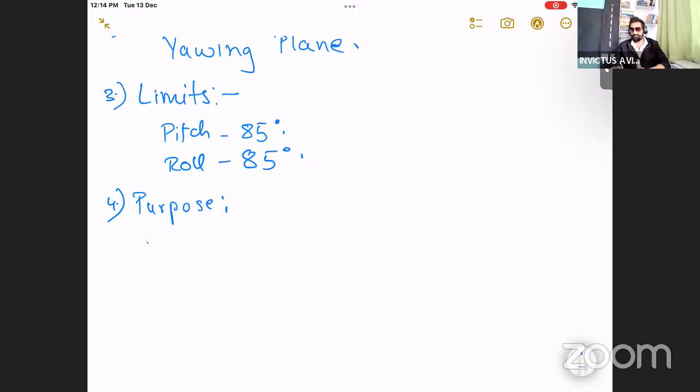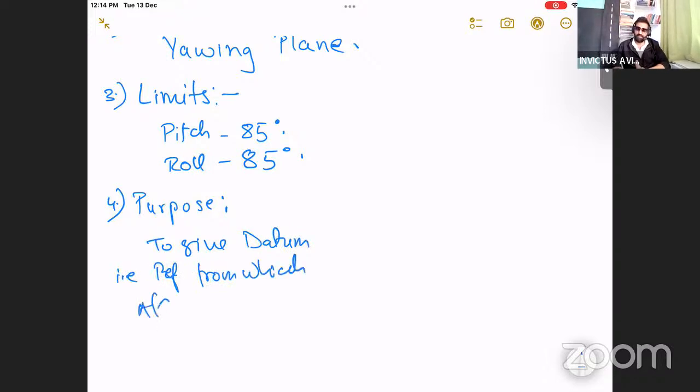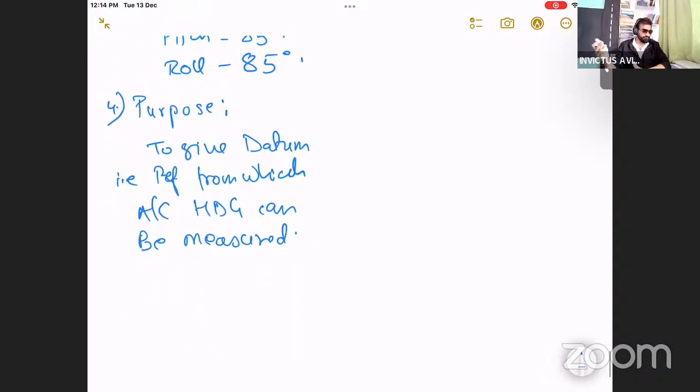So purpose: to give datum, that is reference, from which aircraft heading can be measured. You already know it's a displacement gyro in the classification. Remember the classification chart. If you want, you can add those points in these topic-wise points. Let's quickly go ahead.